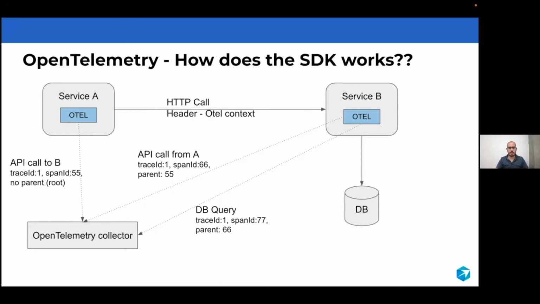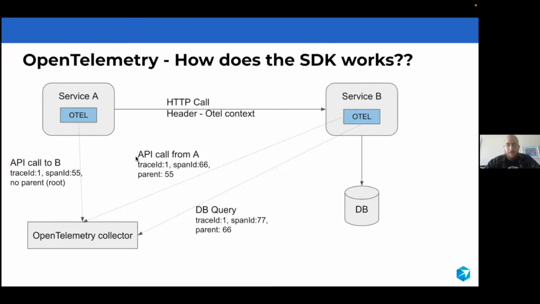So service A and service B communicate tons of times between one another. Each communication would be different. Of course, if service A calls service B and service B calls service C, that would also have the same trace ID. Trace ID represents the entire transaction.